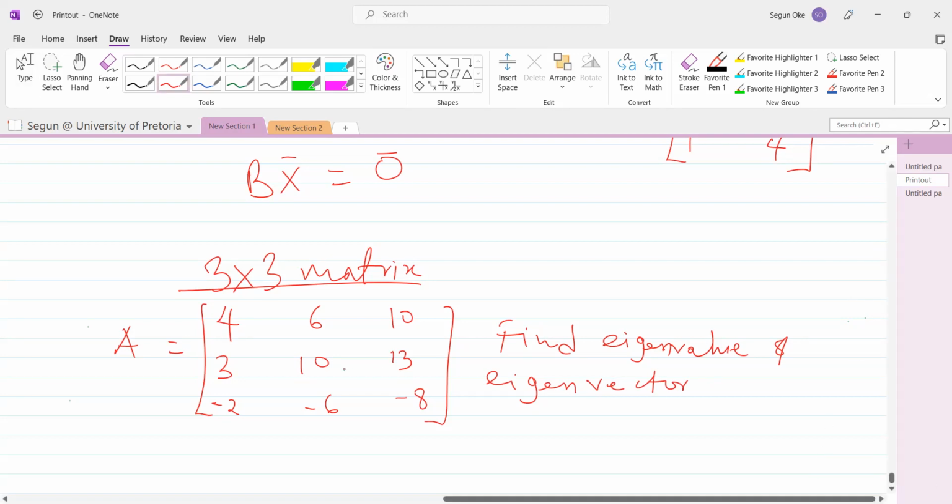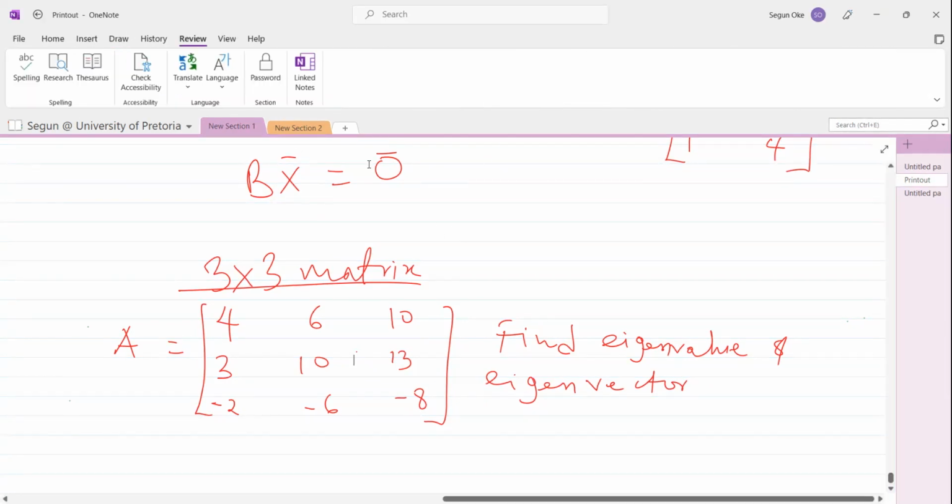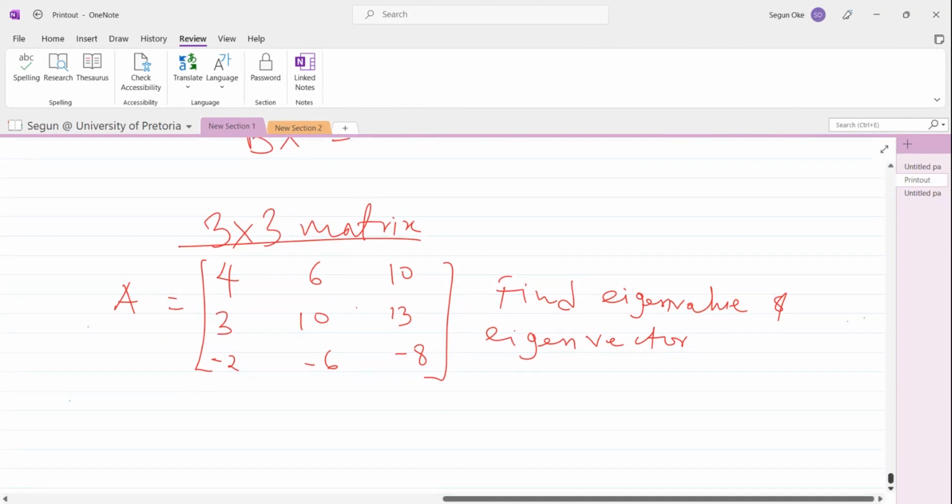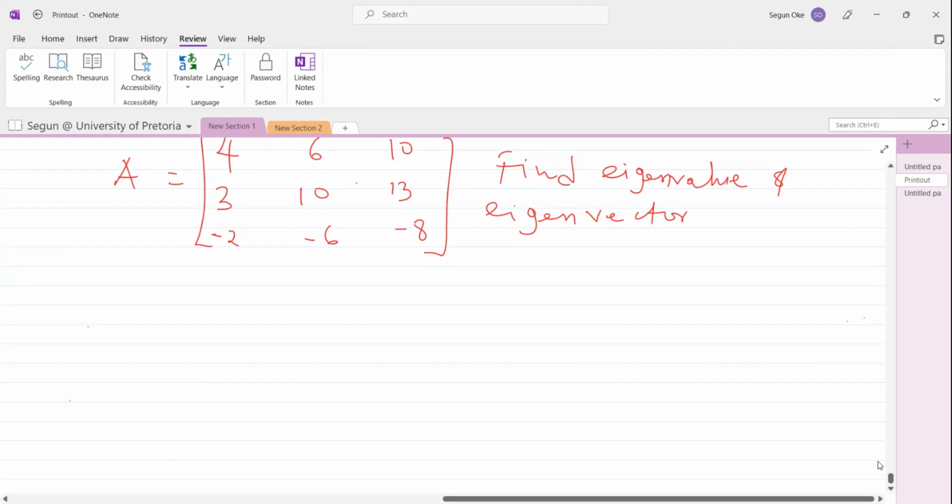Or they can also put it this way. They can ask you to find the roots.